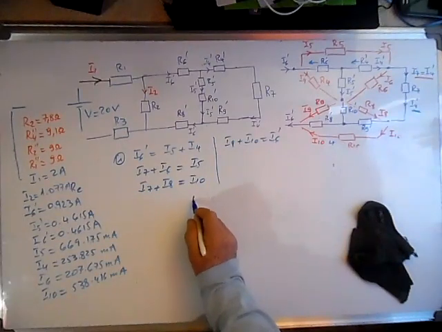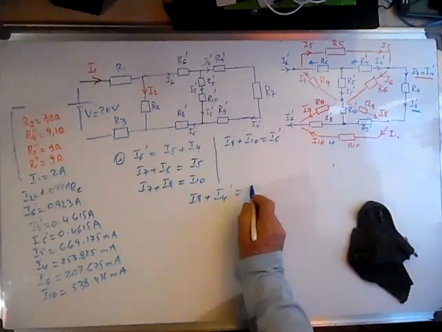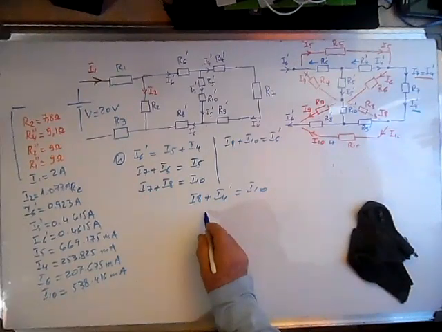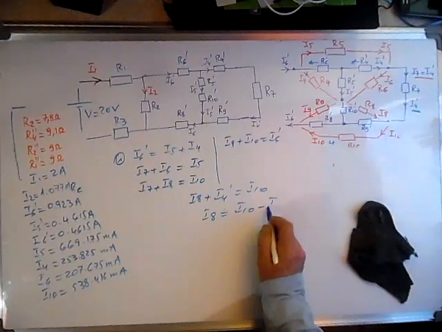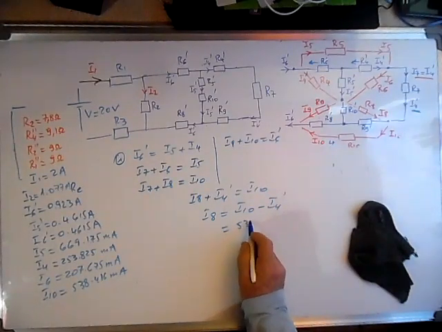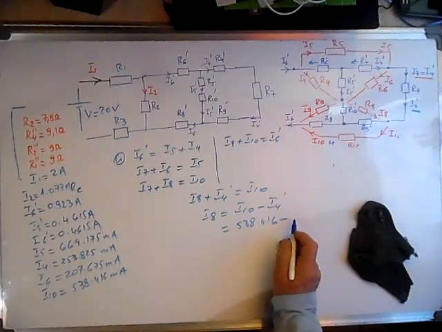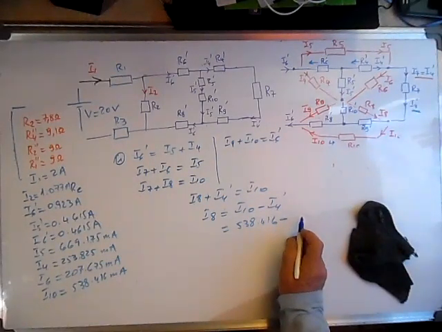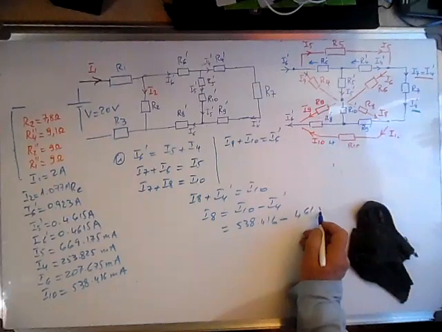And from this we can calculate I8. I8 plus I4 prime is equal to I10. I8 is equal to I10 minus I4 prime. I10 we have calculated, 538.416 minus I4 prime, which is equal to I5 prime, 461.5.